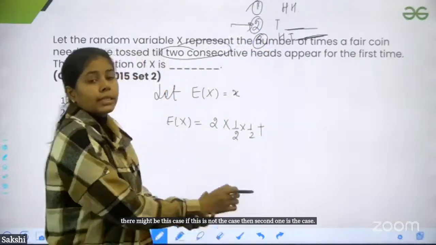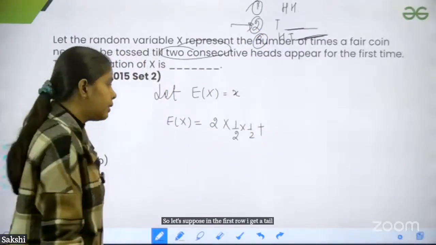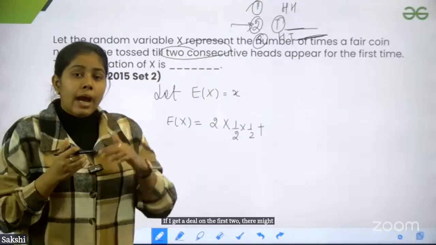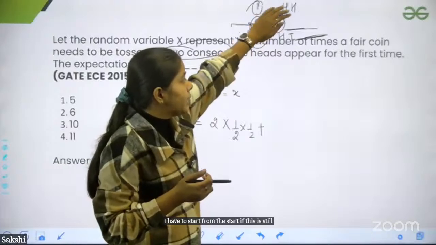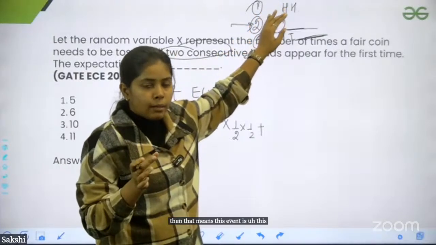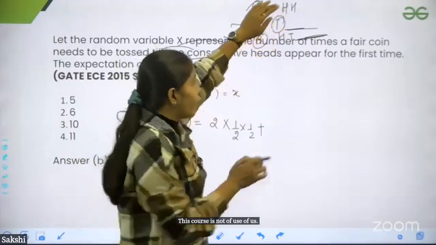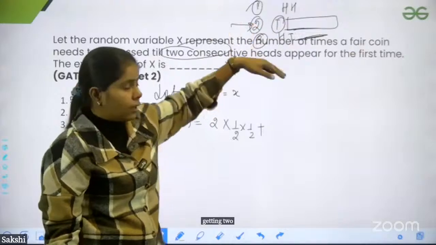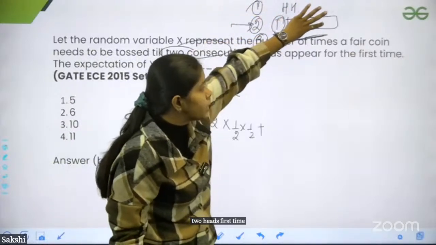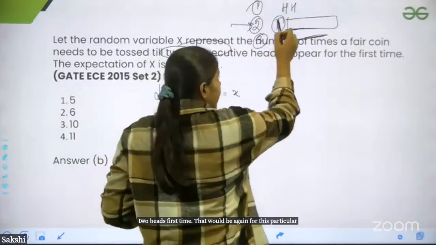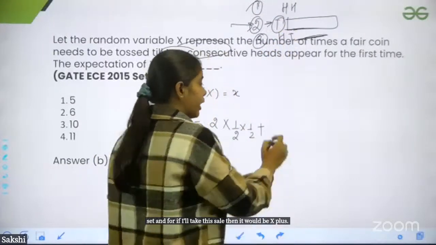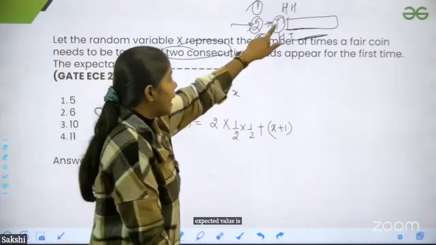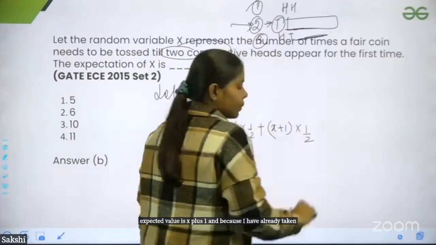Let's suppose in the first throw I get a tail. If I get a tail on the first throw, I have to start from the start, since this toss is of no use to us. So what is the expectation of getting two heads for the first time? It would again be x for this particular set, plus the one throw used, so the expected value is x plus 1, and since I have already taken this tail, the probability is 1 by 2.